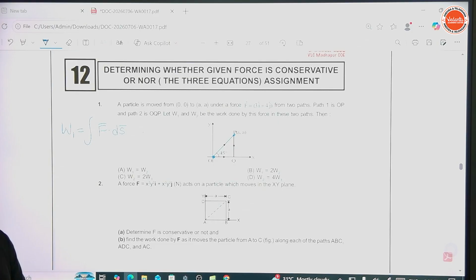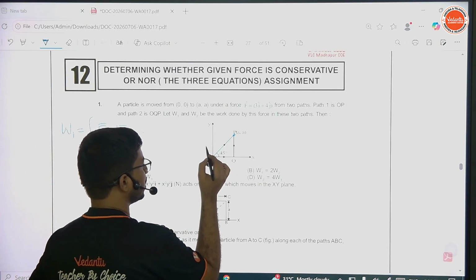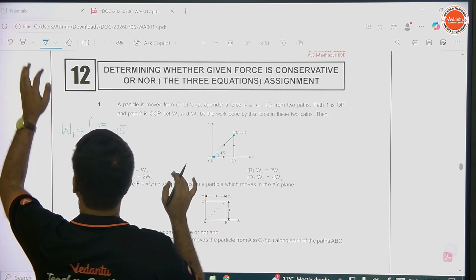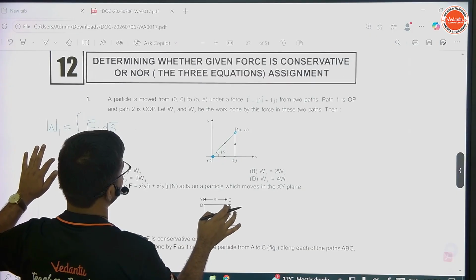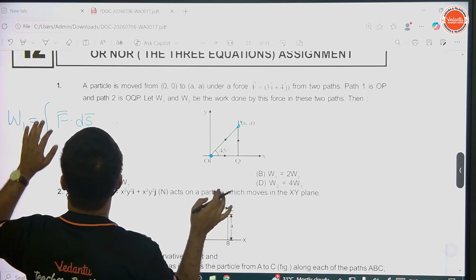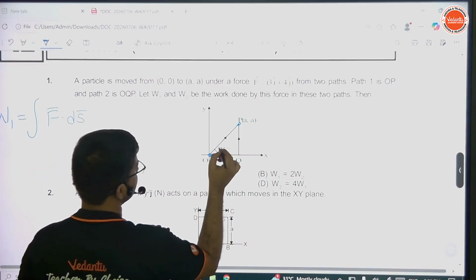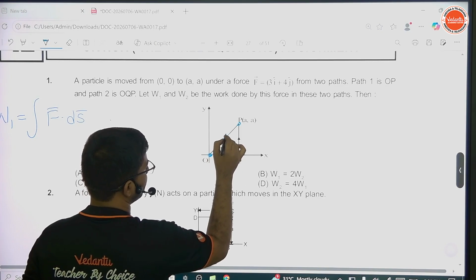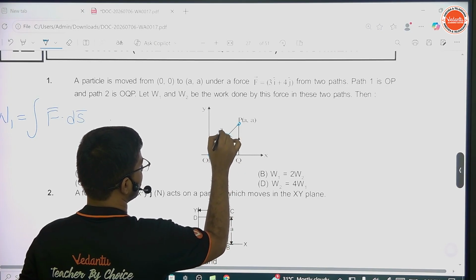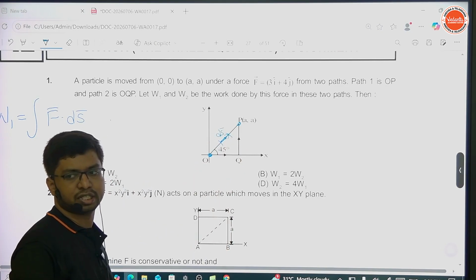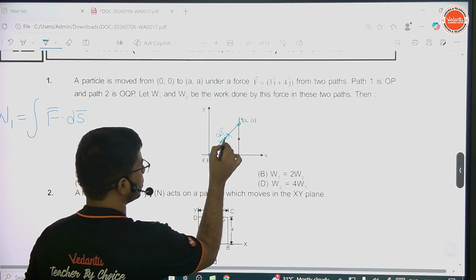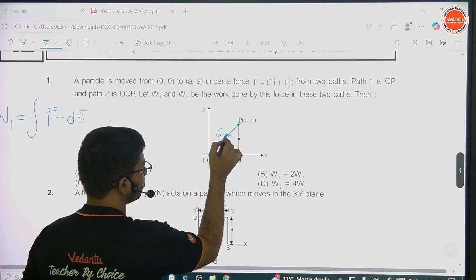So ds bar is nothing but a small displacement in this OP direction. Correct? That is just a small displacement over here in the OP direction. Right? And you know what is the inclination of this one?